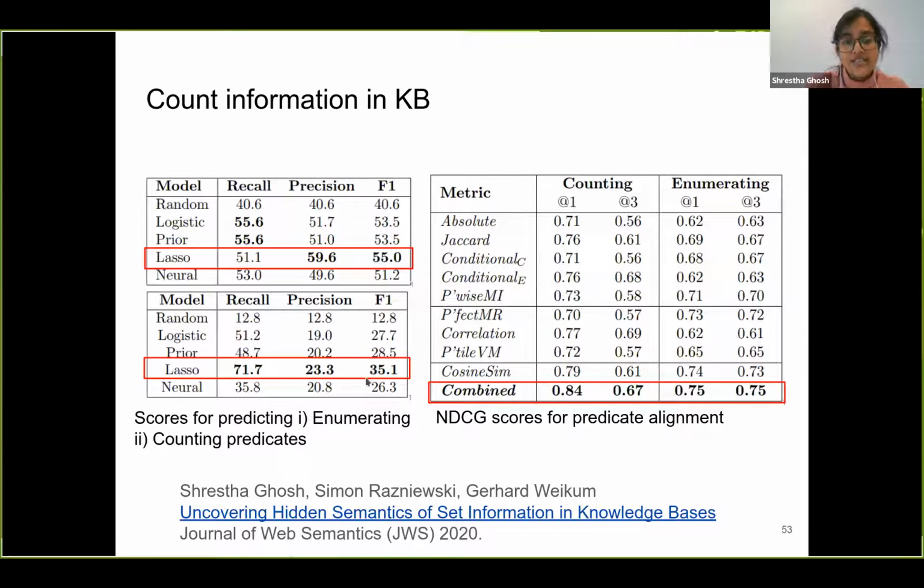As you can see, it is a difficult task, and there is room for improvement, because these cues, though they help in predicting the two classes, might not be enough. And we also look at the predicate alignment scores via the normalized cumulative gains.